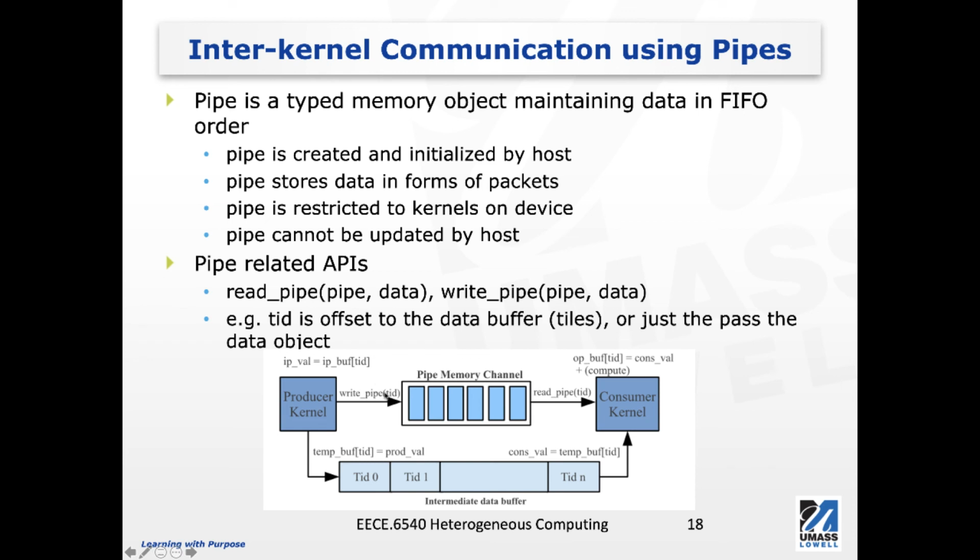So we use this TID to represent the offset to this buffer, and the pipe will be used to transfer the sequence of tile IDs or offsets from the producer kernel to the consumer kernel. As a result, instead of sending the actual data, we're just passing around this offset from one kernel to the other.